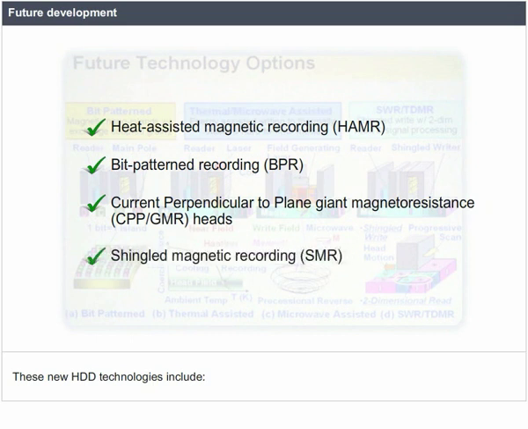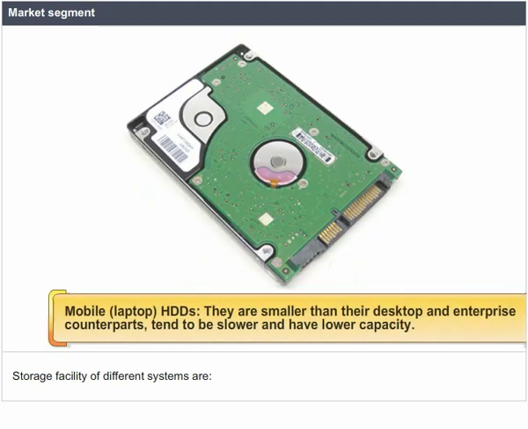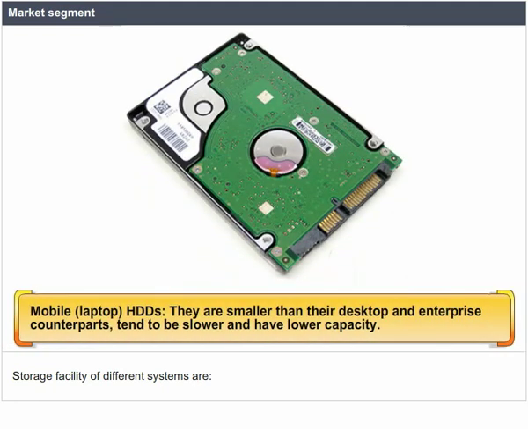Market segments. Storage facilities of different systems are desktops. They typically store between 60 GB and 4 TB, rotate at 5,400 to 10,000 RPM, and have a media transfer rate of 0.5 gigabit per second or higher. Mobile laptop HDDs are smaller than the desktop and enterprise counterparts, tend to be slower, and have lower capacity.